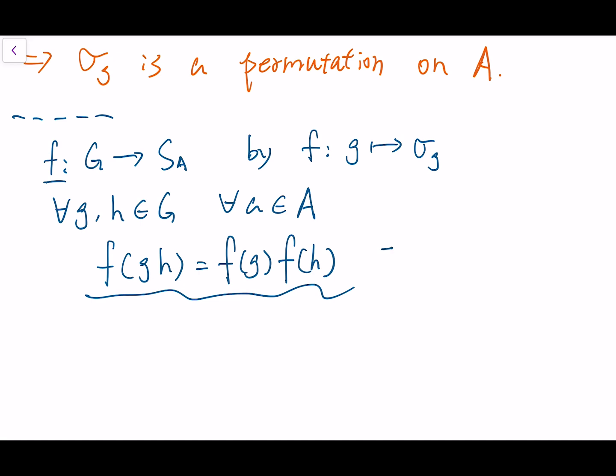To show that, what we can do is to use the maps on the left hand side and the right hand side of this equality to map any element in A, and if they are always equal to each other, then those maps are the same.